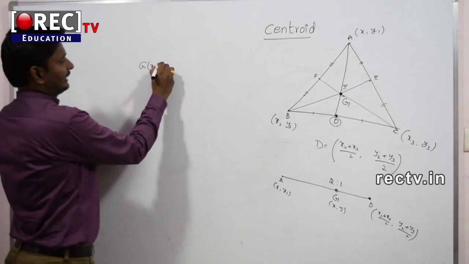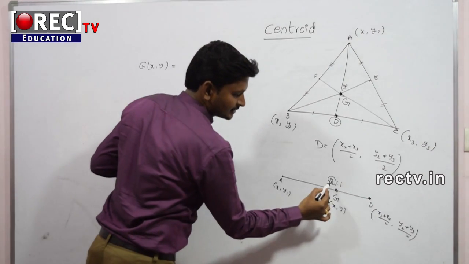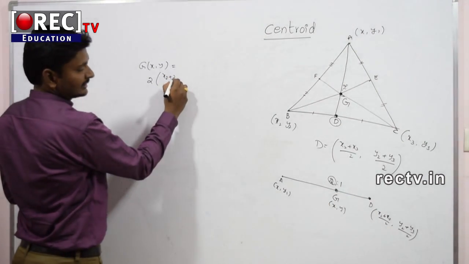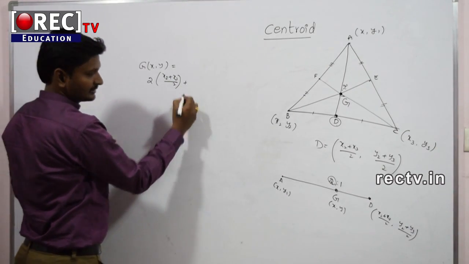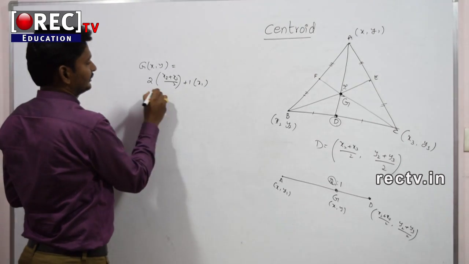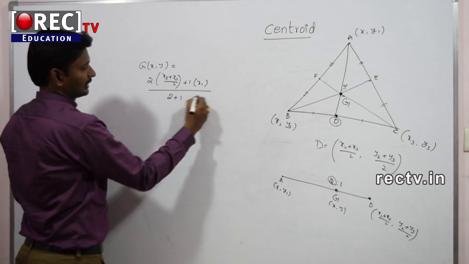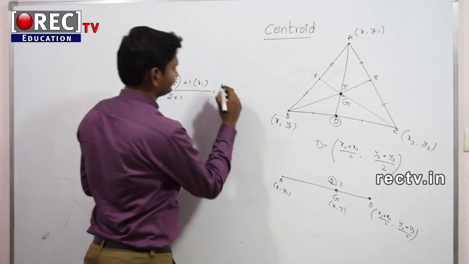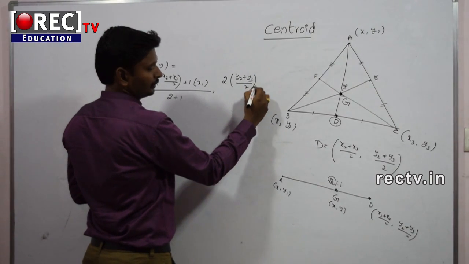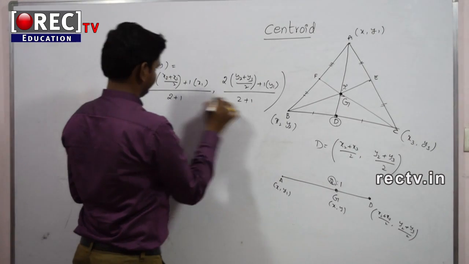G(x, y) is equal to, so here m1 x2, that means 2 into (x2 plus x3) divided by 2, plus 1 into x1, divided by the ratio sum 2 plus 1, comma 2 into (y2 plus y3) divided by 2 plus 1 into y1, divided by 2 plus 1.